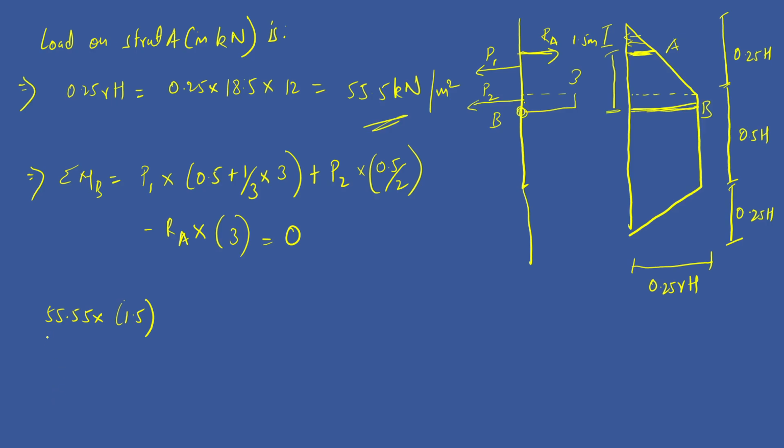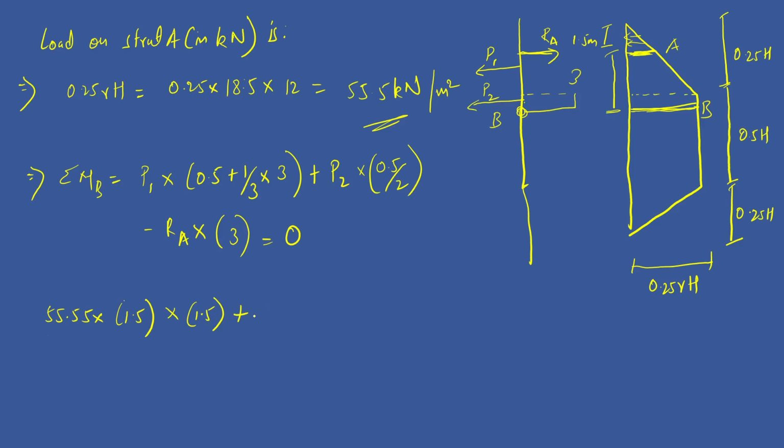So this is the total force, which you will get in kilonewton per meter. That's all. And whatever moment you have, that is the same, you can copy once again: 0.5 plus 1 by 3 into 3. So that is again 1.5, right? Yes, sir. Plus P2.